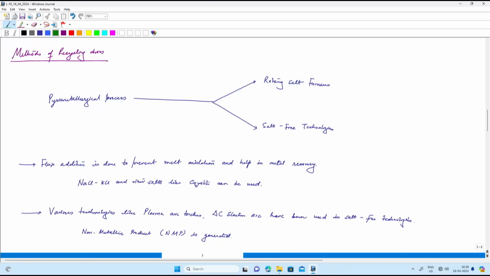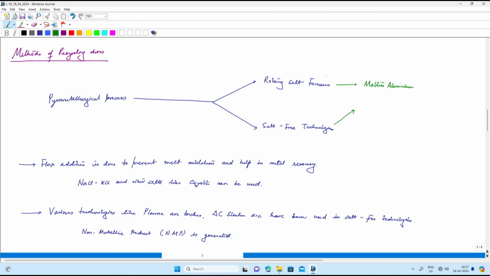Addition of dross is done. Temperature is maintained at about 800 to 900 to 950 degrees Celsius, and the rotation of the furnace is carried out at various RPM, and the salt flux addition is also done. What it does is it helps in removal of metallic aluminium in the molten state, and so in both cases what we are actually getting is molten aluminium.